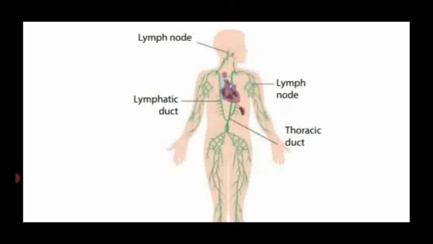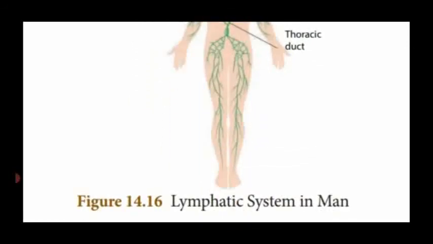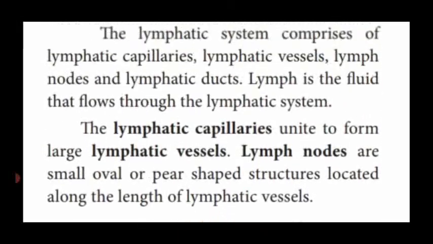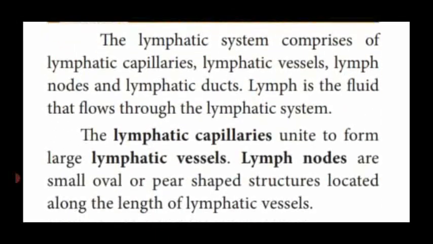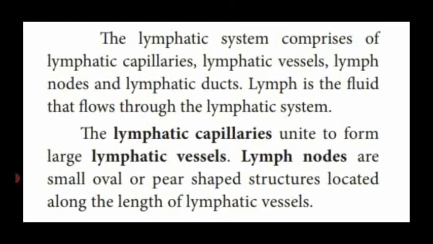Another one is the thoracic duct. The lymphatic duct has a number of nodes known as lymph nodes. This is the lymphatic system which transports the fluid known as lymph.